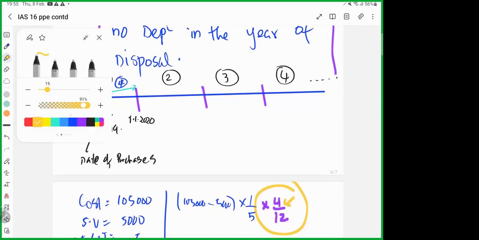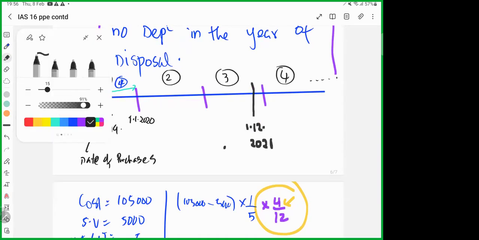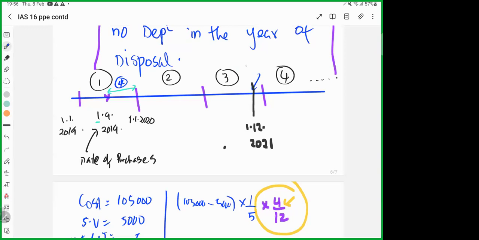Now, the company sold the asset on 1 December, let's say 2021. When I sold the asset, this is the date of disposal.